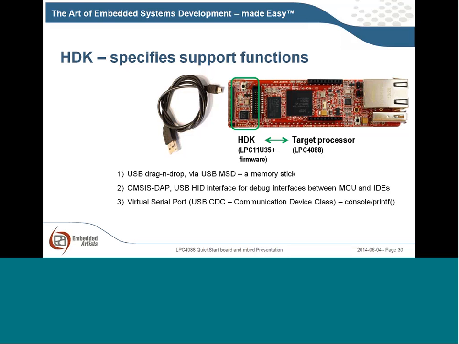When you compile your application, you will get the binary. By taking this binary file that you get from the online compiler and dragging and dropping it into the memory stick, the HDK will transfer the binary down to the target processor, the LPC4088 in this case.